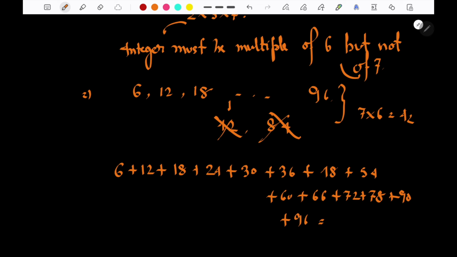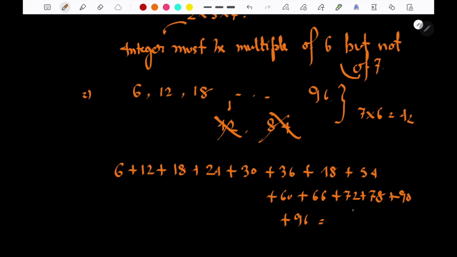So if you start summing it out, 12, 18, 36, 60, 90, 126, 180, 228, 288, 294, 354, and 96, so this will be 450, 450 plus 72, 78 and 90.